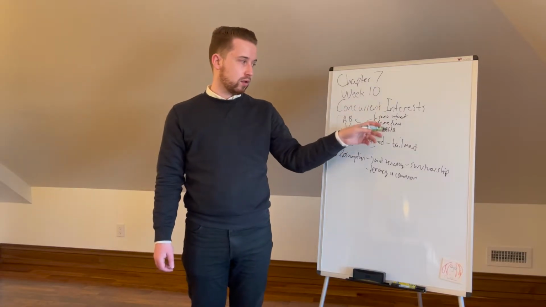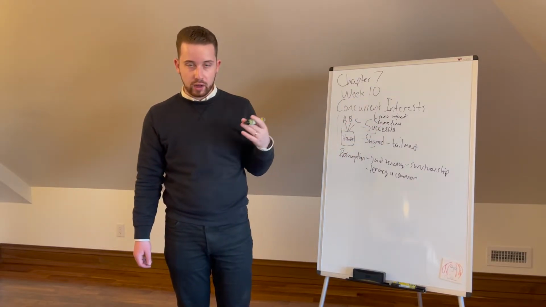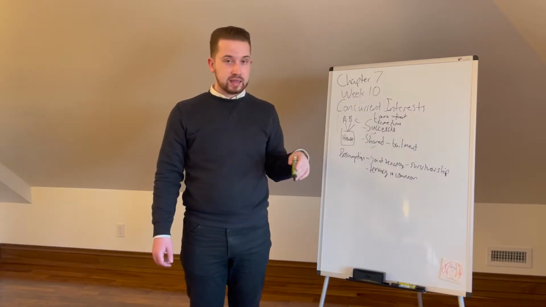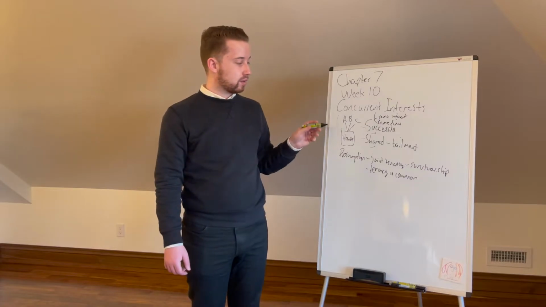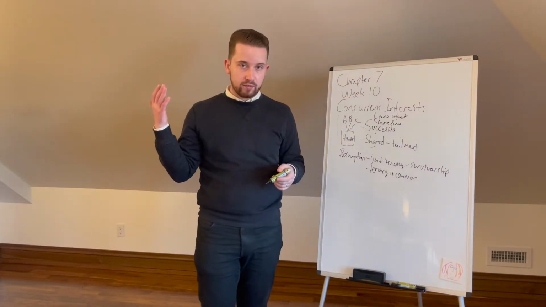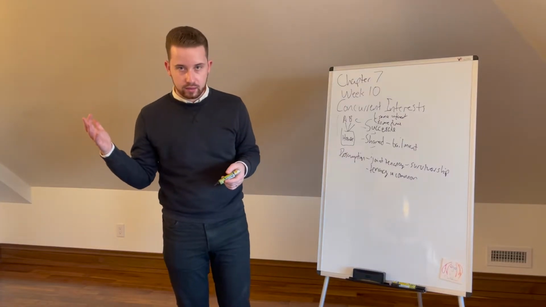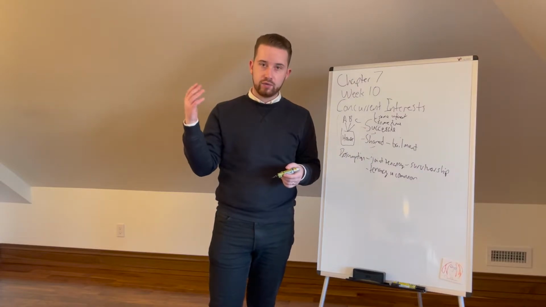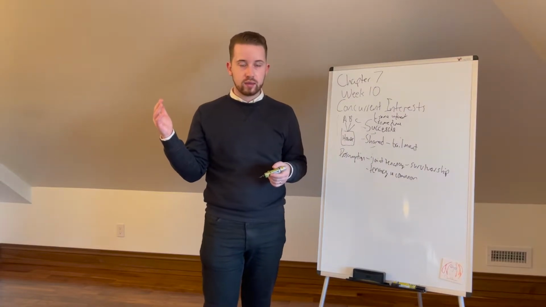So again, it meets all the criteria, hence why it's a concurrent interest, but it's different in that it does not happen. So A has a third. If they die, they give it to whoever they want. If there's no will, it's intestacy, right? So the law that says who gets your stuff when you die if you have no will. It's what we call intestacy.